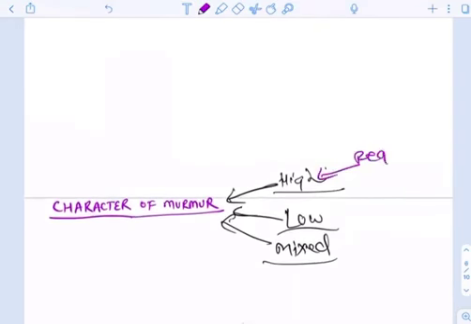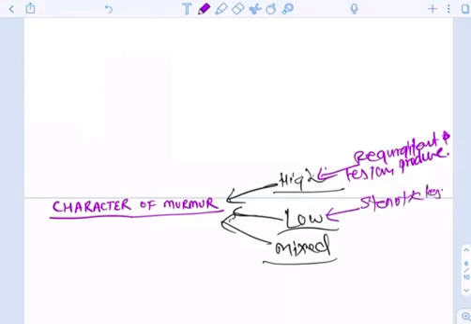So what we have seen is that regurgitant lesions produce high pitch, and opposite to that, stenotic lesions will produce low pitch murmur.